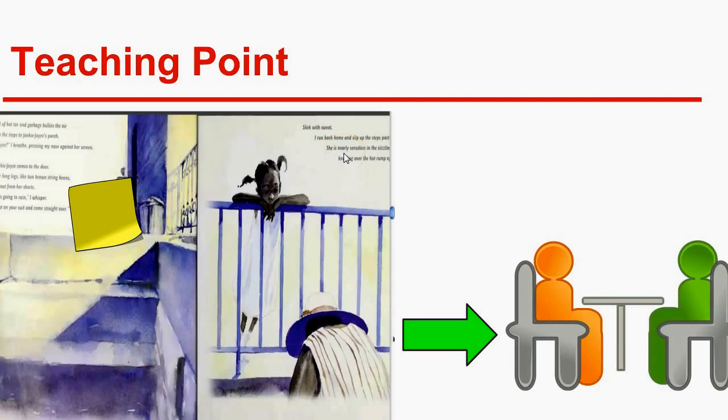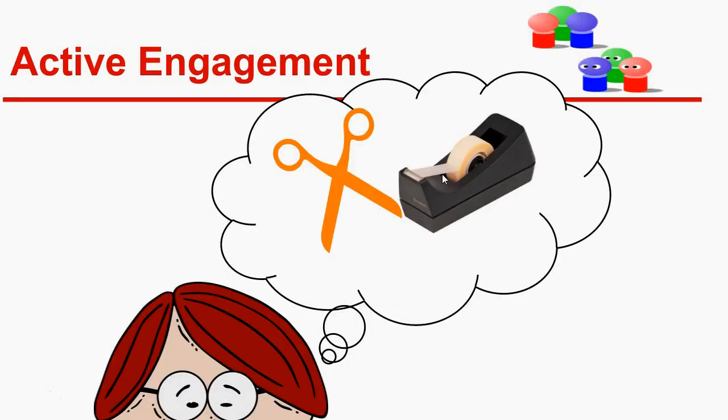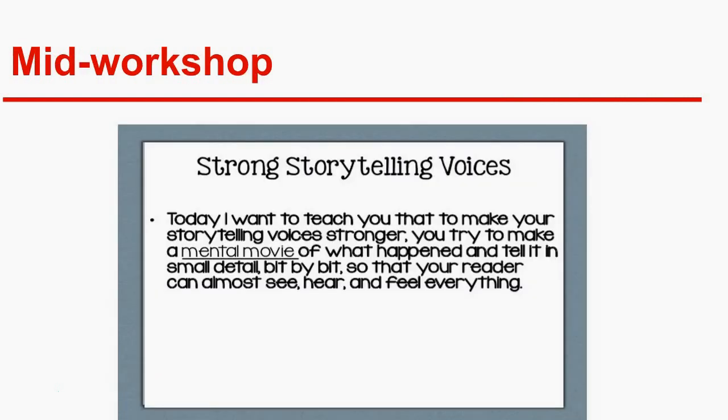So here's a connection example. The teaching point, again, does not have enough information to do this on its own, but this gives you enough of a reminder point and enough of a visual that you should be able to work with the students. Active engagement, again, a visual reminder. When we stop those students and have our mid-workshop, we are going to have just the teaching point that you might want to emphasize.